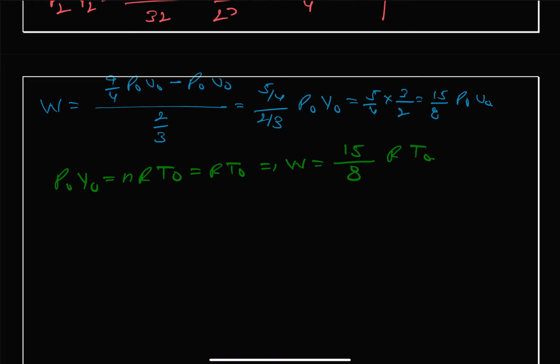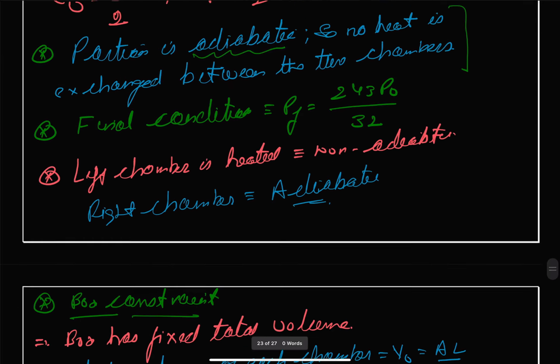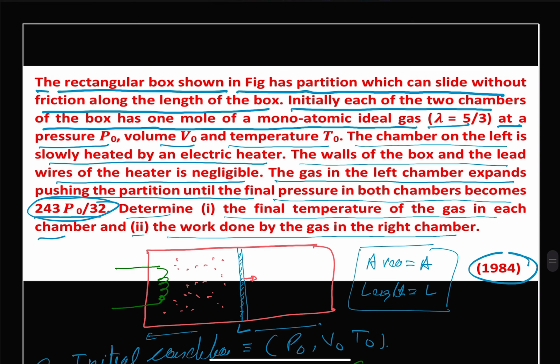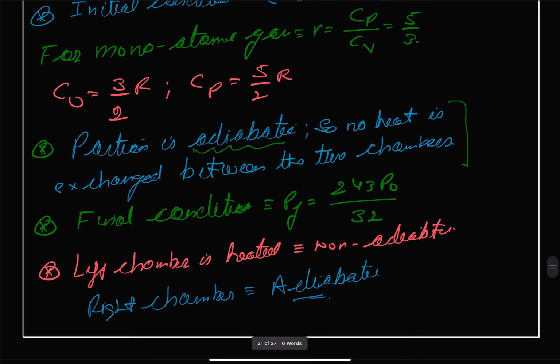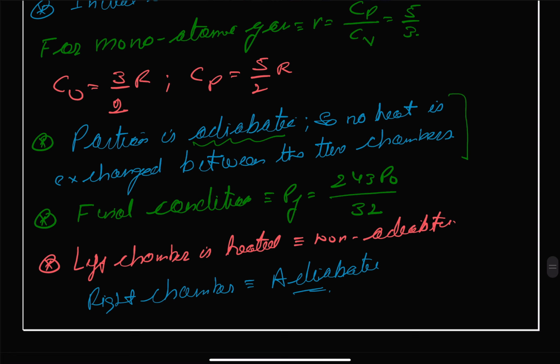So we have to remember that we have to find out the final temperature. Okay, I forgot to find out this one. I'll deal with it later on. So work done by the gas on the right chamber. Okay, so work done will be on the gas in the right chamber because it will be compressed.